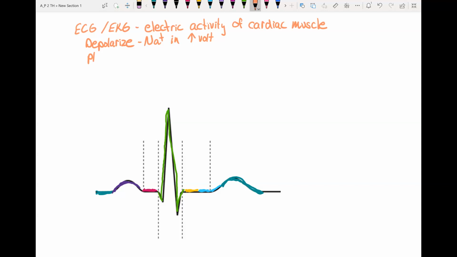Then you have plateau, where you have calcium in and potassium out at the same time. And this gives you kind of a slowly falling voltage. It's pretty steady.